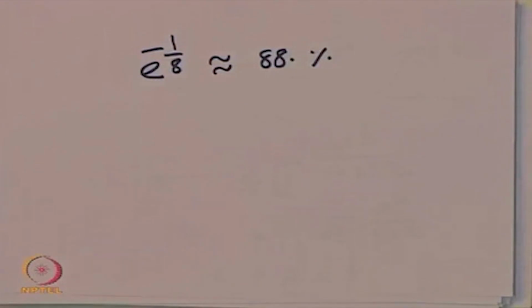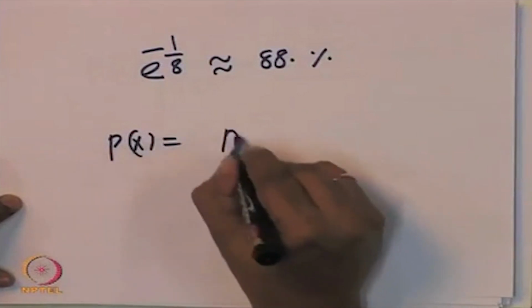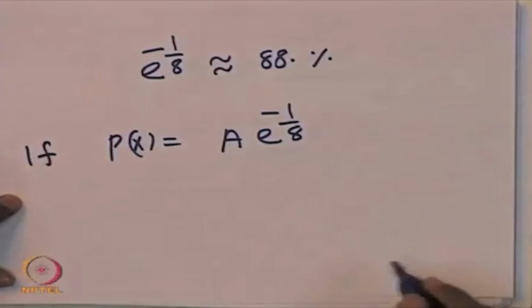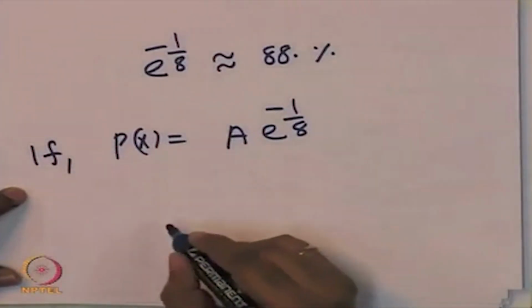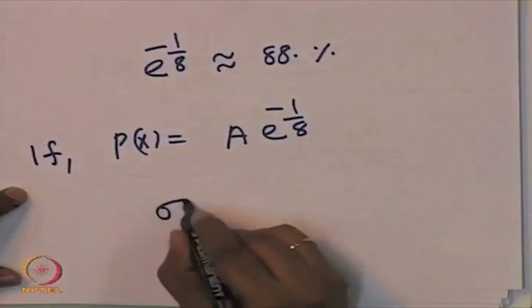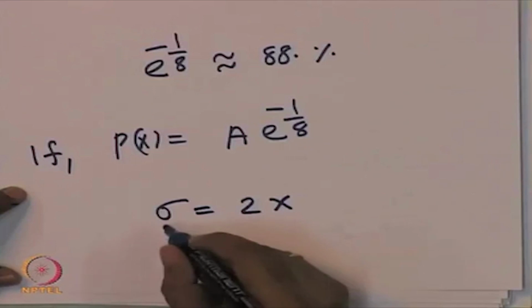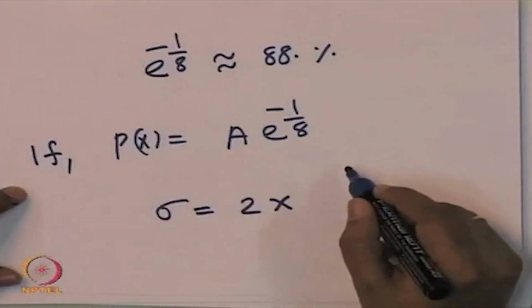So, what did we find? We found that if p of x is a e power minus 1 by 8, sigma is equal to 2x. Or in other words, if sigma is equal to 2x, p of x is a e power minus 1 by 8.